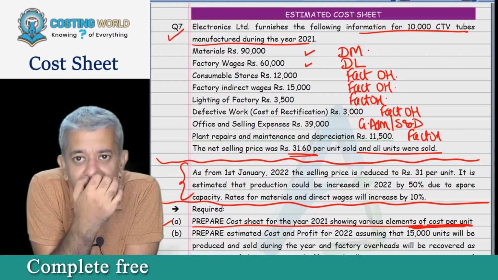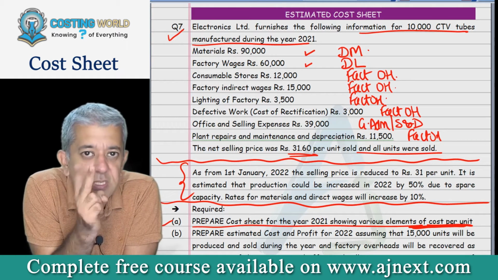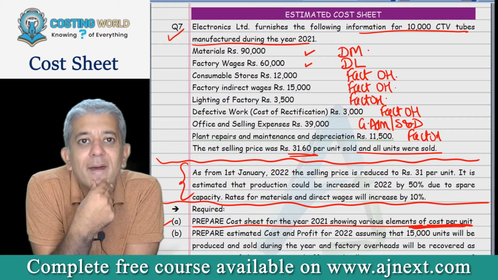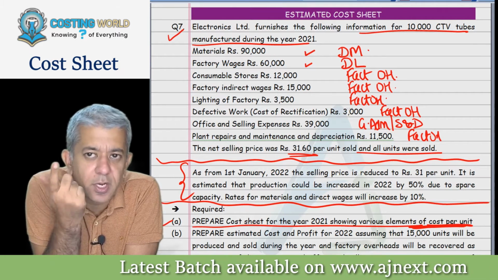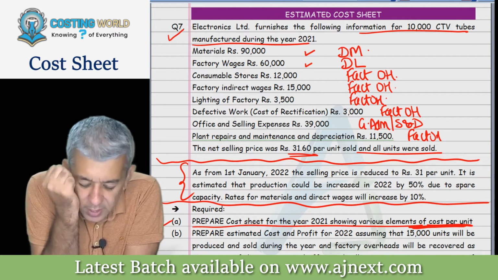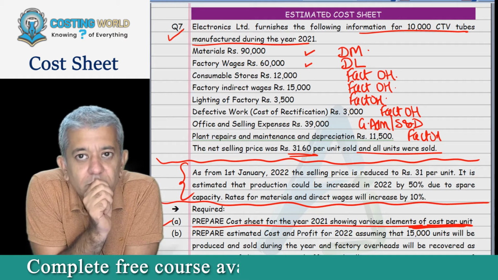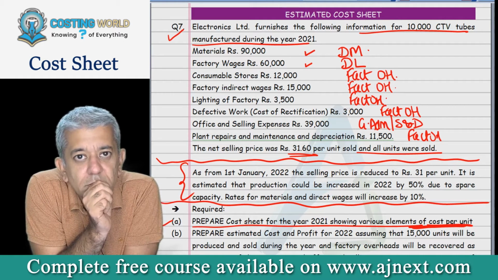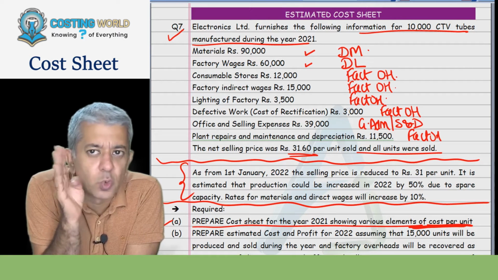But if there are no finished goods stocks, then two quantities will always be the same. Tell me which two quantities? Quantity produced and quantity sold will be the same. Tell me what is quantity produced in 2021? 10,000. So the same will become quantity sold also.